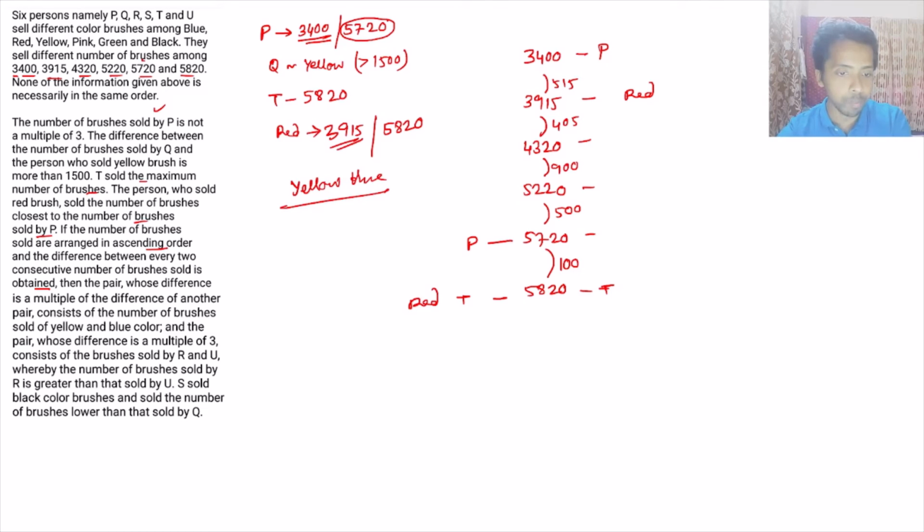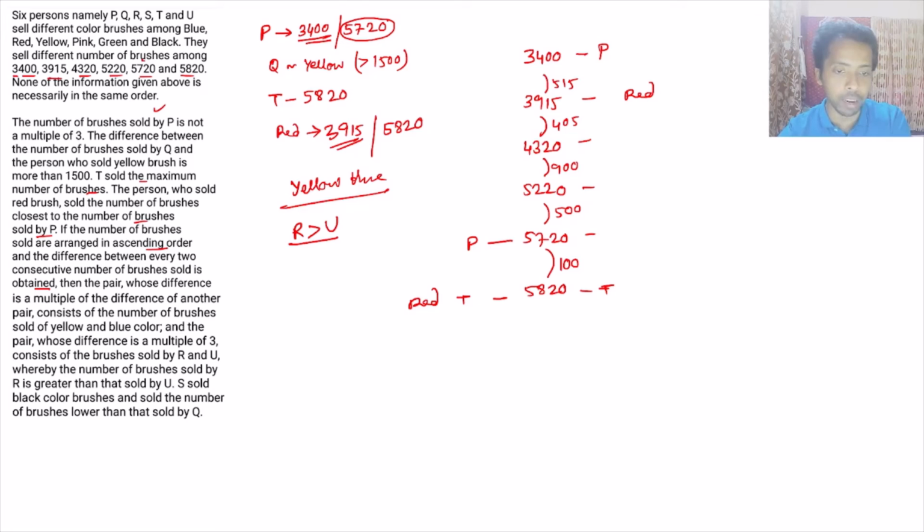And then R is greater than that sold by U, and the pair whose difference is a multiple of 3. So the R and U difference should be a multiple of 3. That means either 900 or 405. No other option is a multiple of 3. Okay. R is greater than that sold by U.